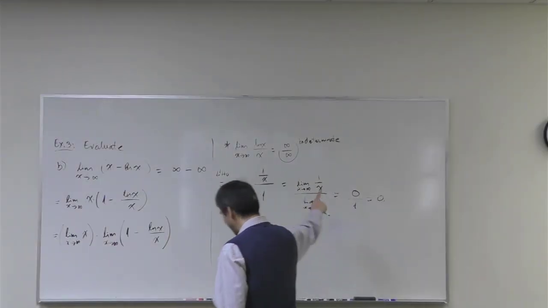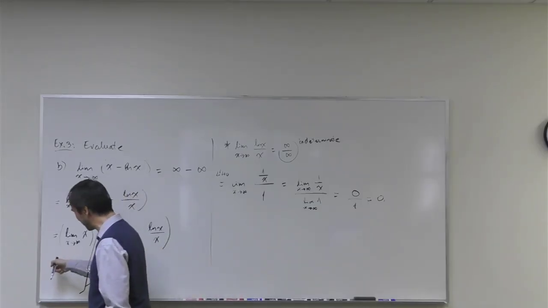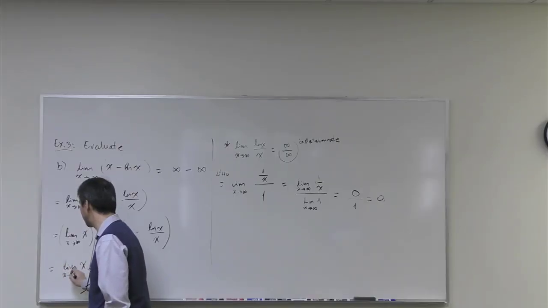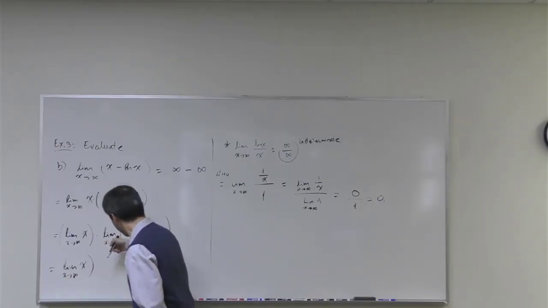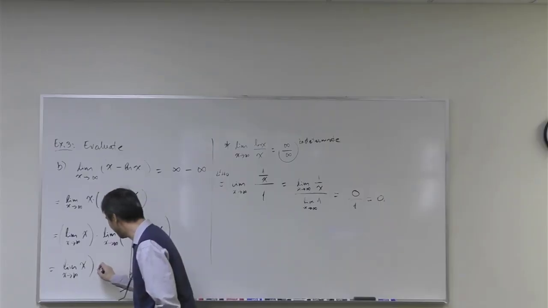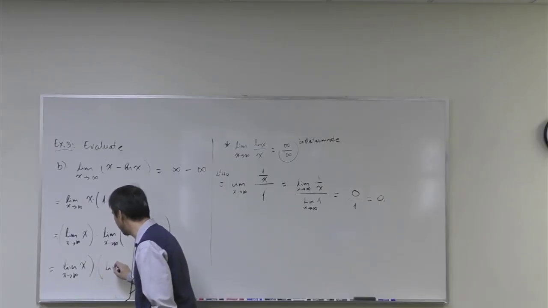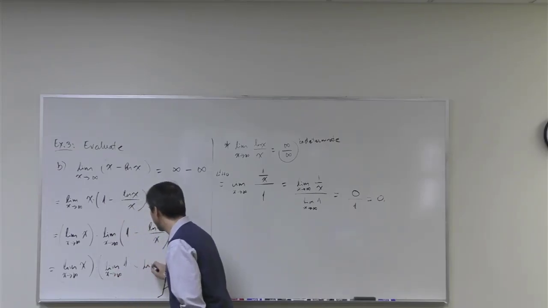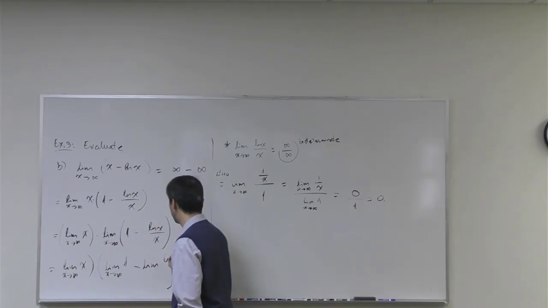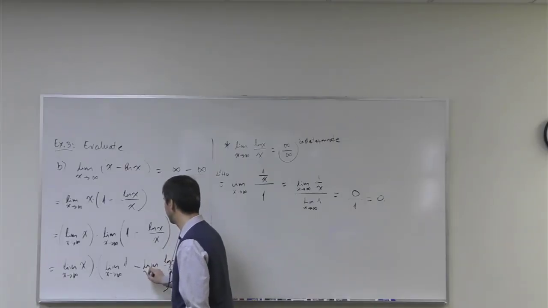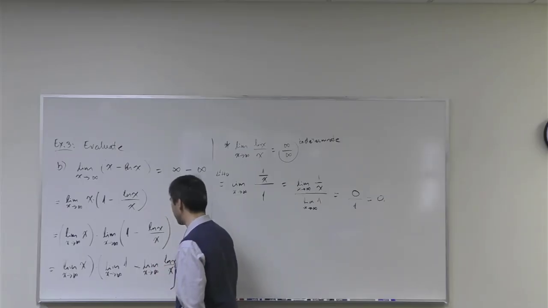Now with that result, I'm going to come back and finish this up. This limit is the limit of x as x goes to infinity, multiplied with the limit of the first term, 1, minus the limit of natural log of x over x as x goes to infinity.